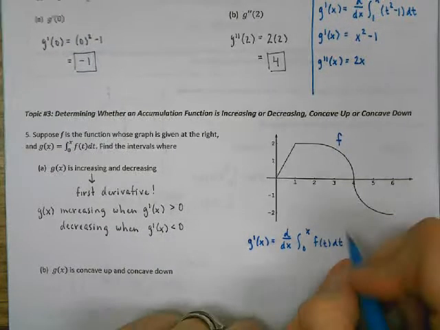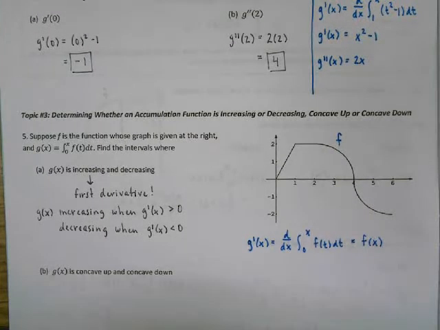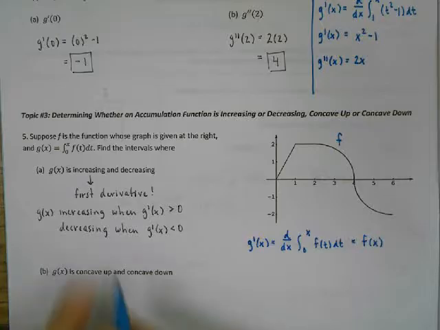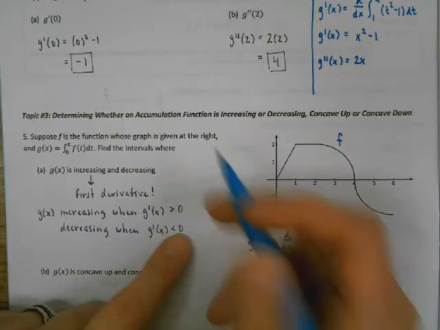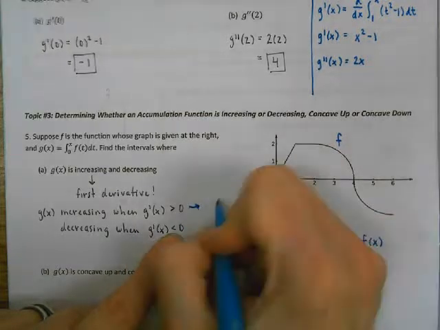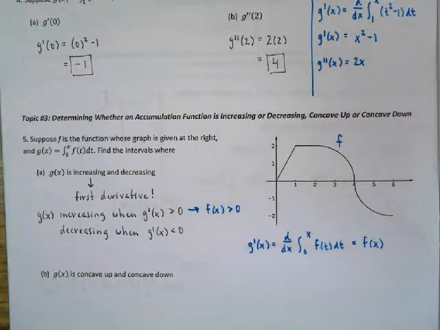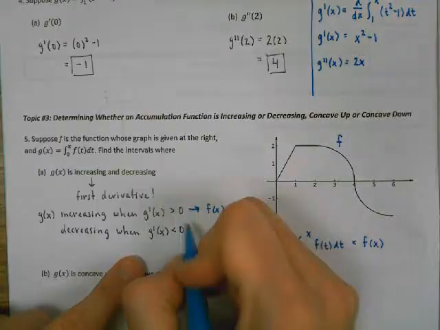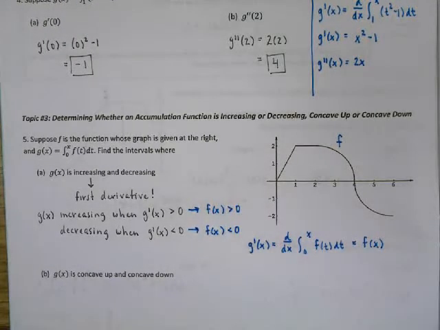Again, the fundamental theorem comes into play here, and I know the derivative is just f of x. So really, g of x is increasing when g prime of x is greater than 0, which means it's really increasing when f of x is greater than 0. And it's going to be decreasing then when f of x is less than 0.